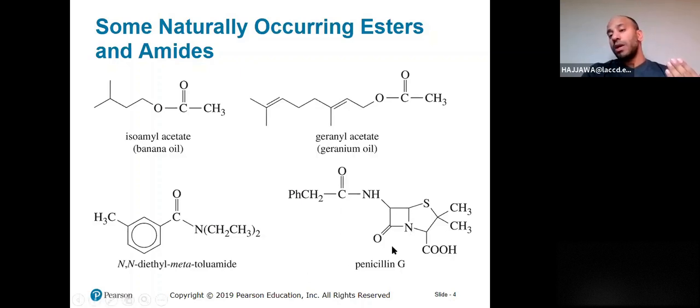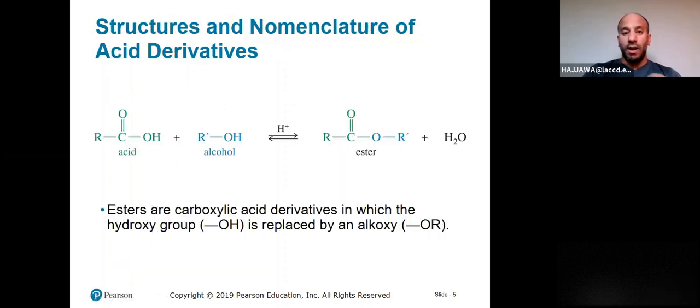Penicillin G, you could see here that there is an amide or carboxylic acid or a thio group. These contribute to biological activity as well. Penicillin G is one of the antibiotics that actually fight bacteria. So it's important to keep in mind that building those moieties can contribute to an important function of a certain structure.